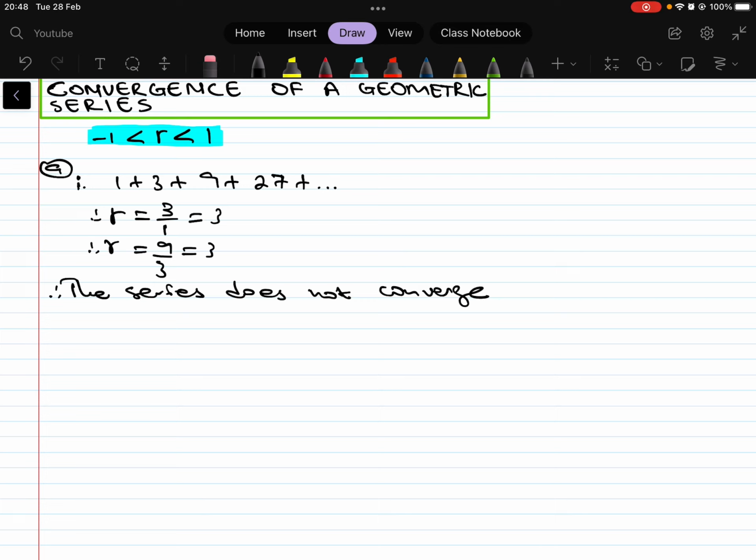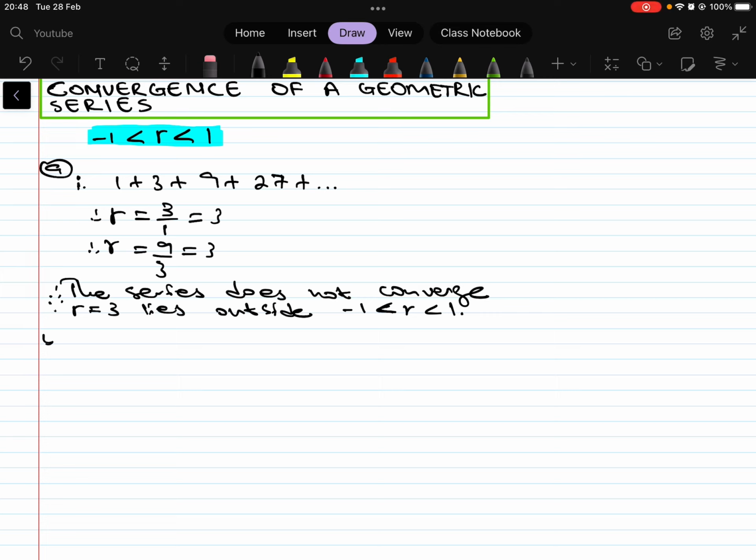The reason is because R equals 3. It lies outside -1 and 1. That's why it will not converge.